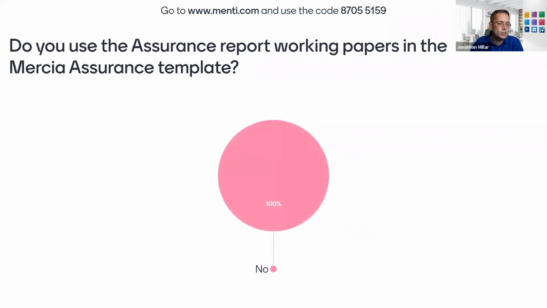There we go. Somebody's already got there, so that's good. And here we go, starting to get the numbers in. Thank you very much. So the question is, do you actually use the assurance report working papers in our current Mercia assurance template?